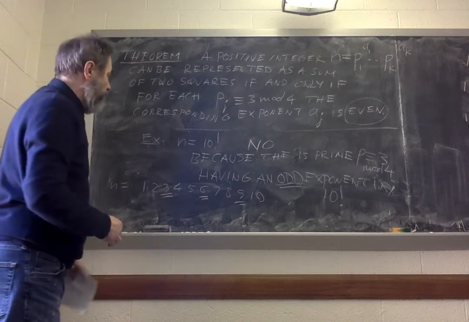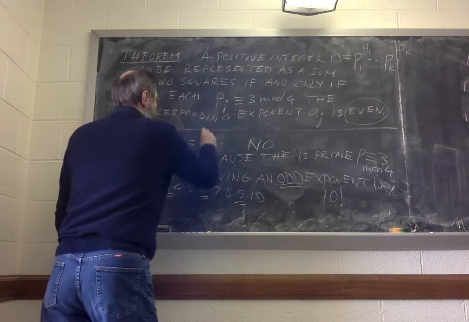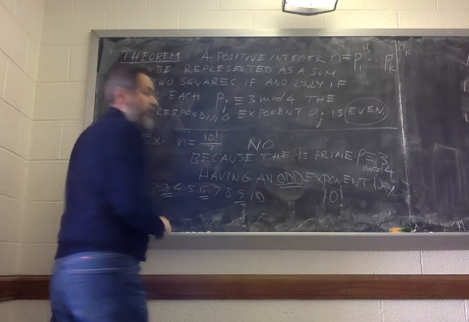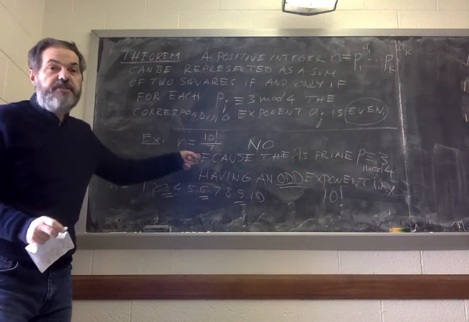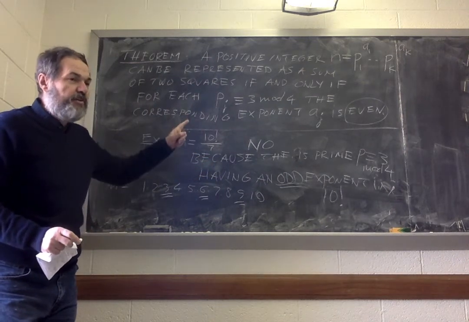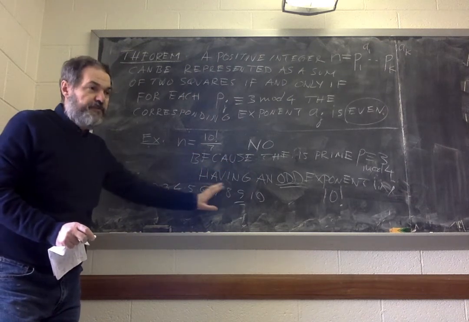But if I take this number, 10 factorial divided by 7, then this number is representable as a sum of 2 squares. Because 10 factorial has a single factor of 7. I divide by 7, I remove this, and the rest is fine.